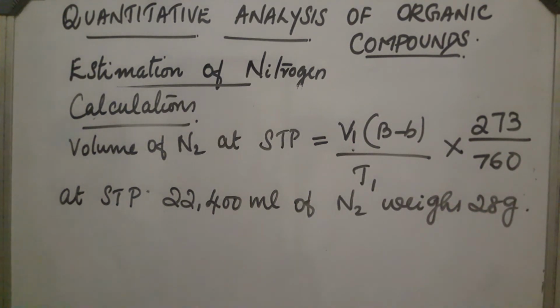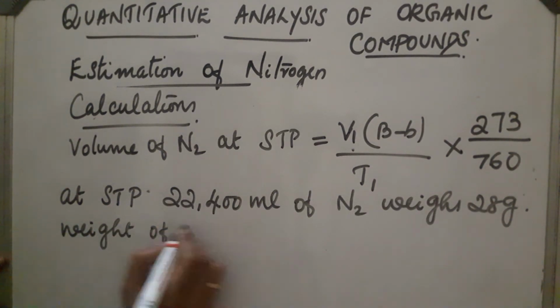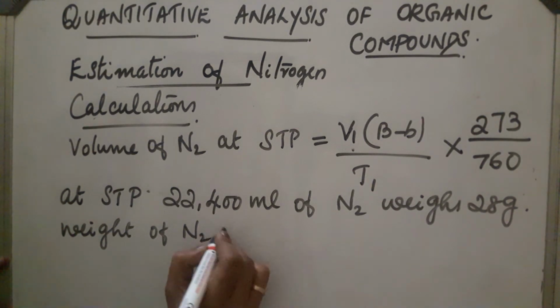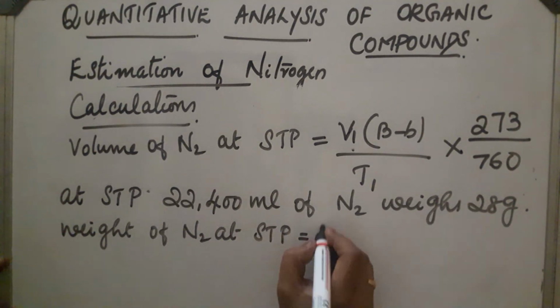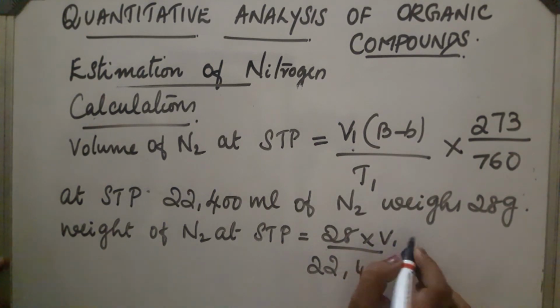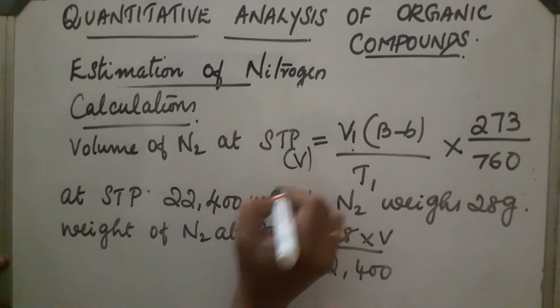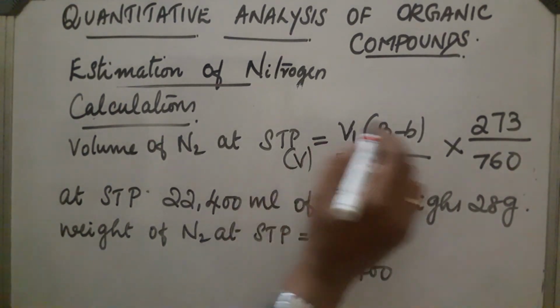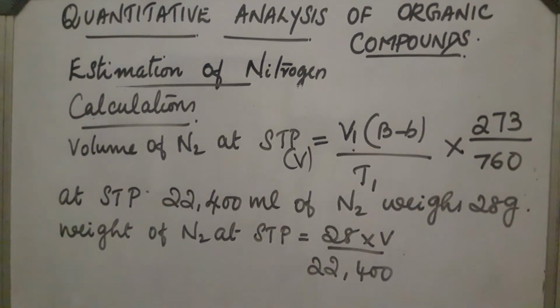So the weight of nitrogen at STP will be equal to 28 by 22,400 into V. We already calculated V, so this will be the weight of the nitrogen at STP.